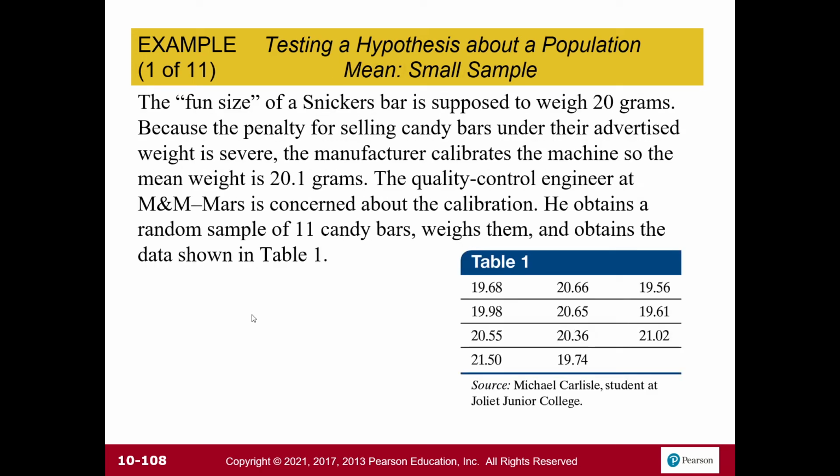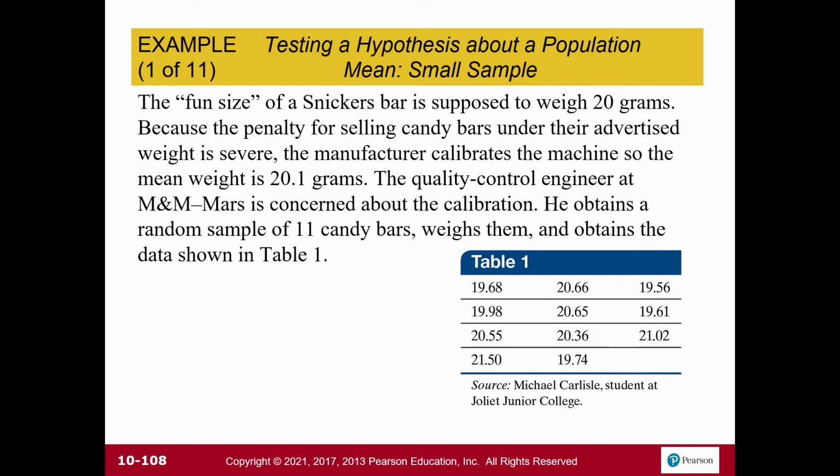There's another type of problem. All right, so the fun size of Snickers bars is supposed to weigh 20 grams. Because the penalty for selling candy bars under their advertised weight is severe, the manufacturer calibrates the machine so that the mean weight is 20.1 grams. The quality control engineer at M&M Mars is concerned about the calibration.